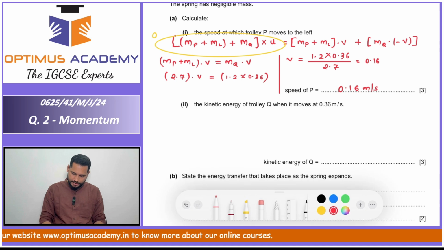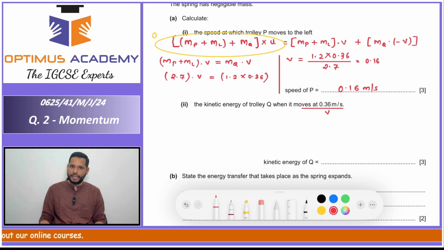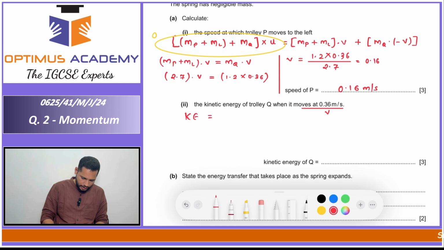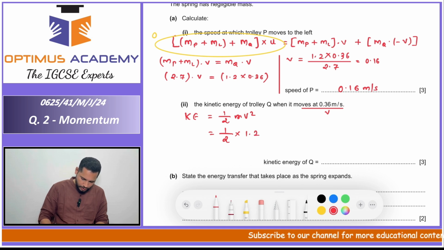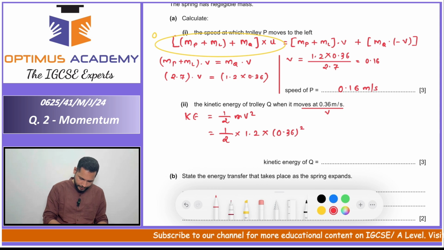The next question says, kinetic energy of the trolley Q when it moves at speed 0.36 meter per second. Simple formula for kinetic energy, KE is equal to half mv squared. So half into the mass of trolley, 1.2, and the speed is 0.36, the whole squared.